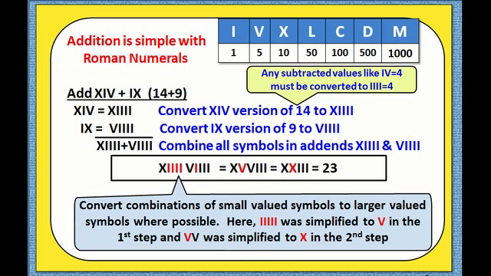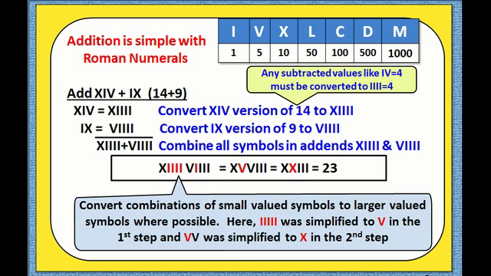Addition is a simple process with Roman numerals. To add the value XIV plus IX, which is equal to 14 plus 9, the first step is to convert any subtracted symbols like IV equals 4 to the extended version IIII equals 4.